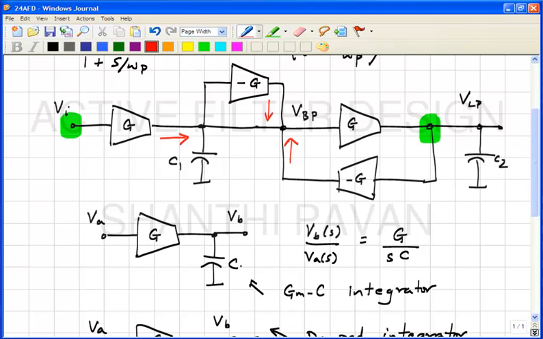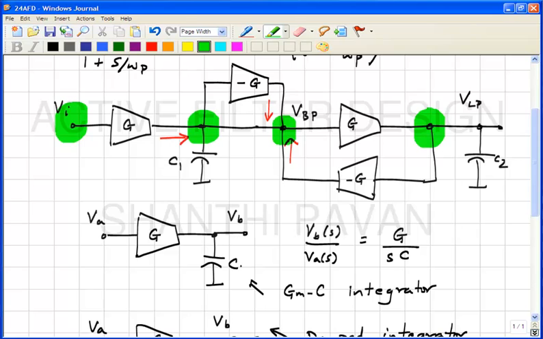Summing currents is very easy, you just need to join the wires and integrate it. So you can think of this node as being a summing integrator, where it is integrating not just one voltage, but a linear combination of VI, VLP and VBP.